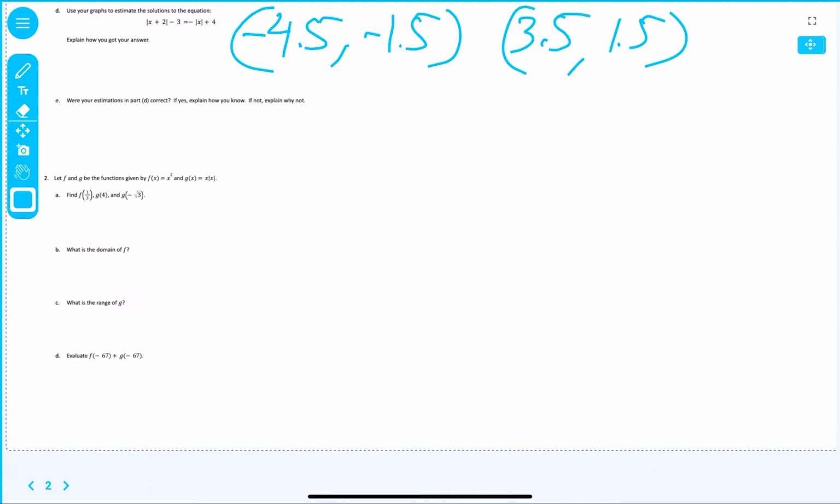That's just where they're intersecting. So explain, we're going to say the intersections of the functions.